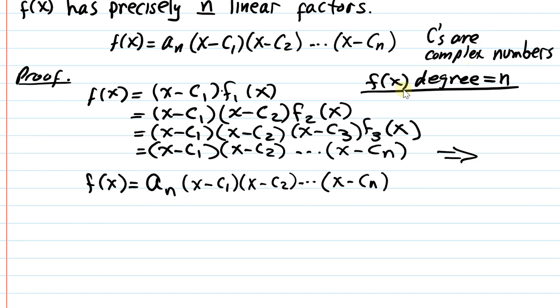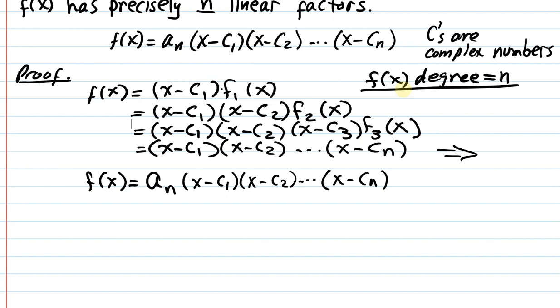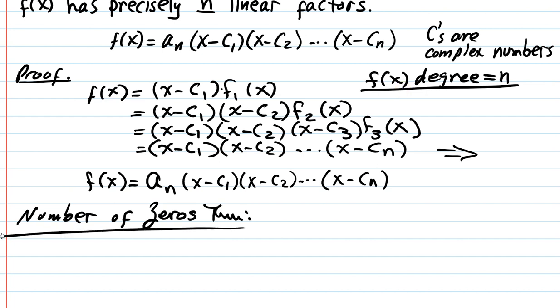Now, the other takeaway from the linear factorization theorem is the number of zeros theorem. And this one's going to be pretty simple.